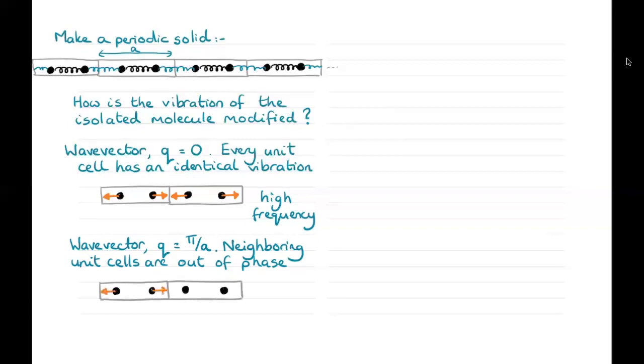At the moment in time when my first unit cell is vibrating so the atoms are moving outwards, my second unit cell is vibrating so that the atoms are moving inwards. In this case, you can see that these two atoms in the middle are not stretched or compressed. And so this will be a lower frequency vibration. It'll take less energy to make this vibration.